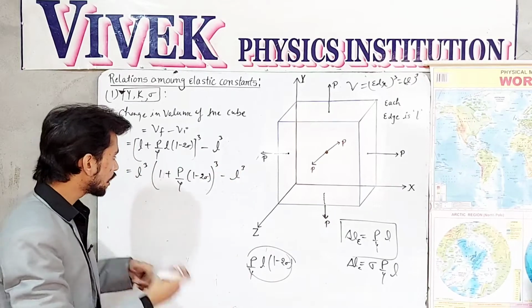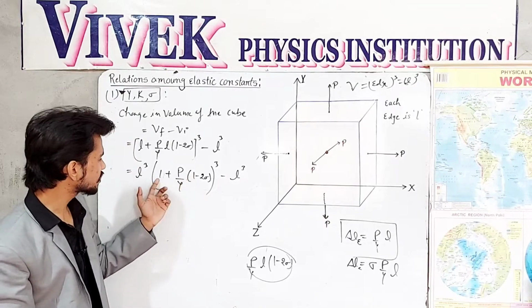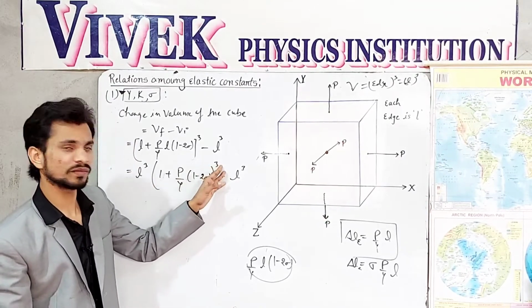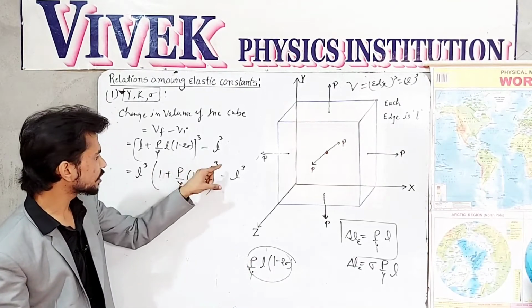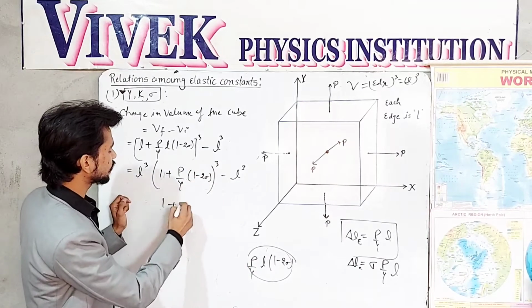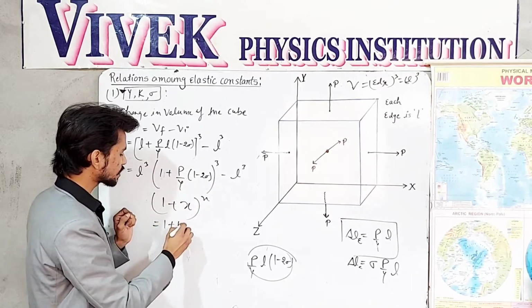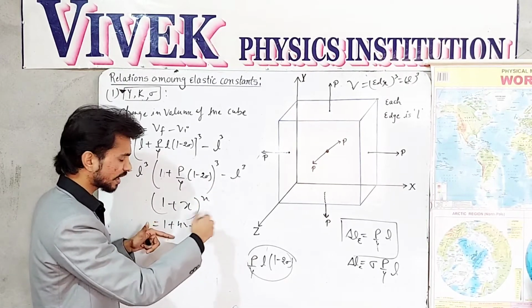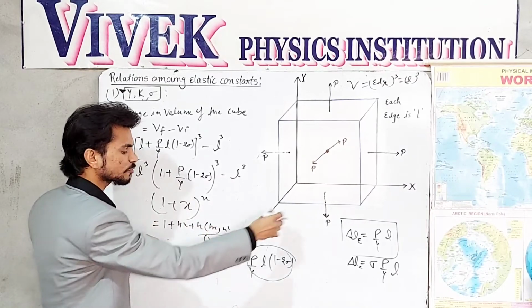Now I can expand this power using the binomial theorem. This is of the form 1 plus x whole raised to power n, and that will be 1 plus nx plus n into n minus 1 into x square over 2 factorial and so on.